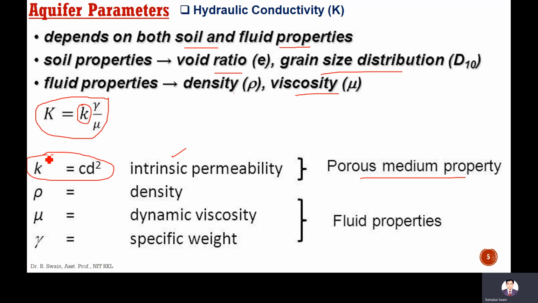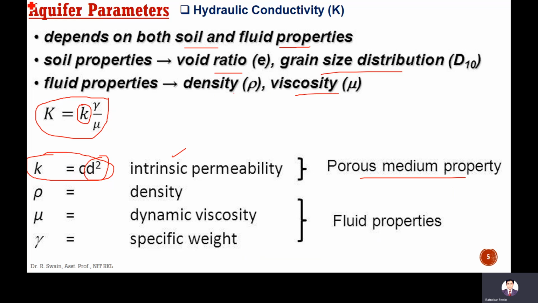There are many empirical equations to determine this intrinsic permeability, which is C D10 square. Usually D10 means the 10% size. So k is C D square, called the intrinsic permeability.